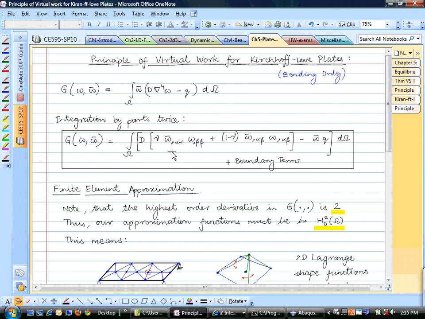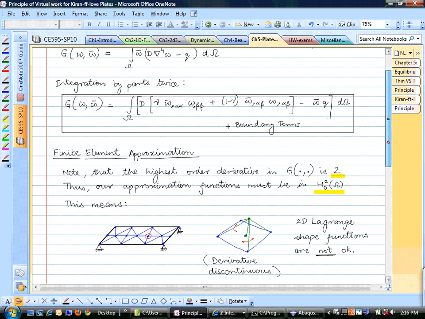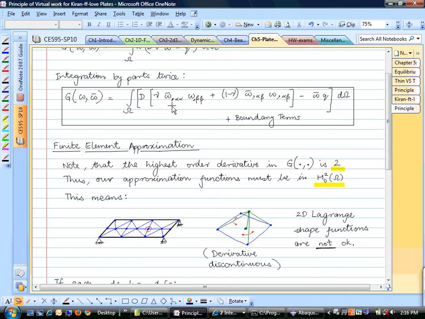Here you can see that the derivatives are balanced between the virtual displacement and the real displacement. And these are the applied loads. So you can immediately see that for this weak form, the highest order derivative is 2. And that creates a lot of problems.